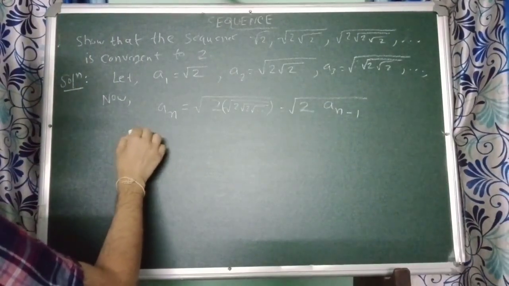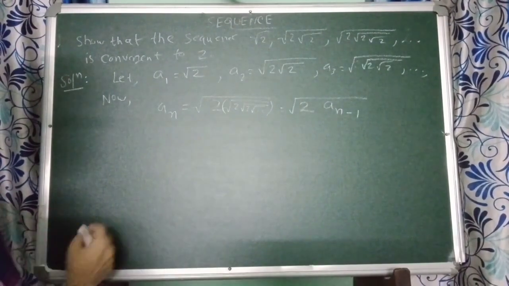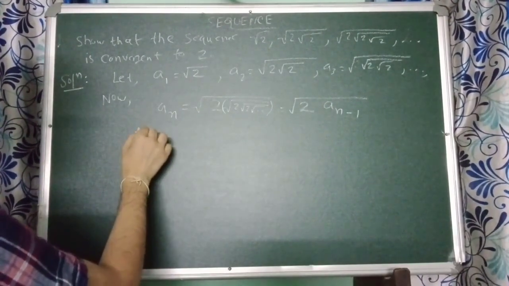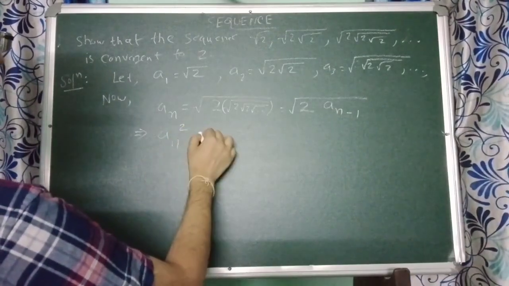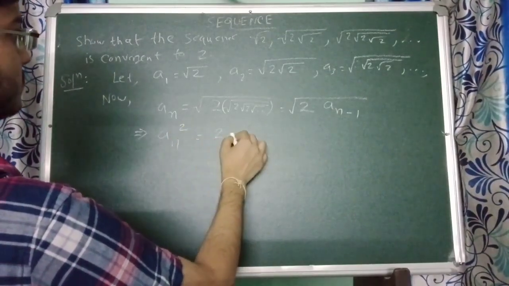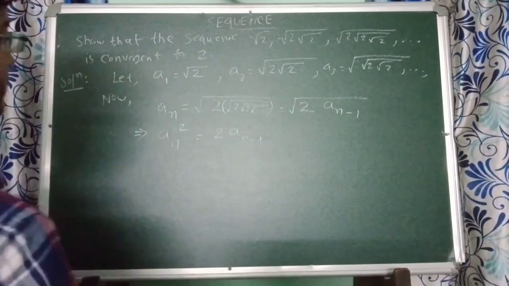So we will take the square on both sides to get a_n squared equals 2 a_{n-1}.